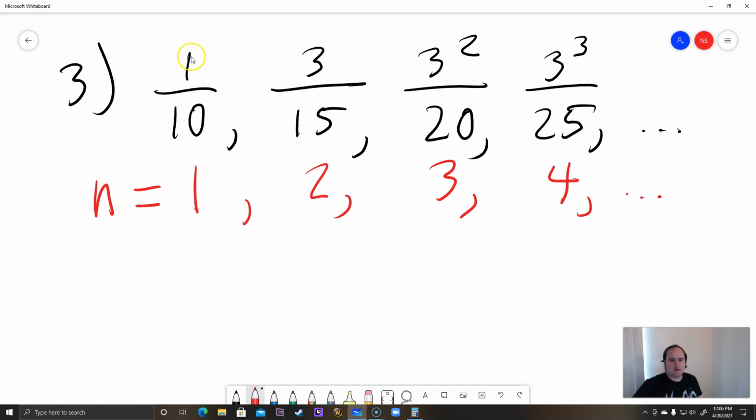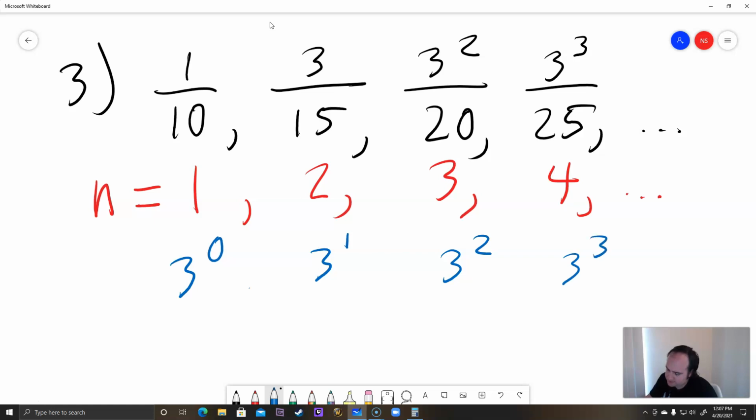For the numerator here, it looks like we have 1, 3, 3 squared, and 3 cubed. Well, this is actually kind of nice because they already kind of gave us the formula. So here we can see 1 is the same as 3 to the 0. And then 3 to the 1 is 3. And then we have 3 squared and 3 cubed. Okay, so that's a good place to start. And that's our numerators. So we can see a pattern there.